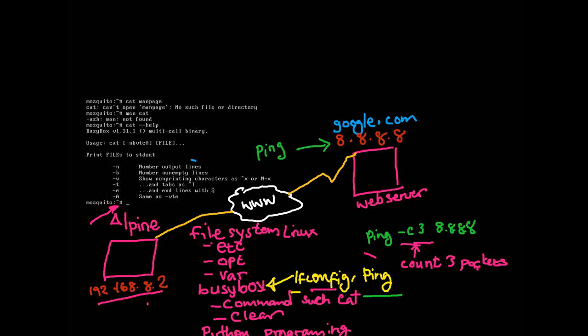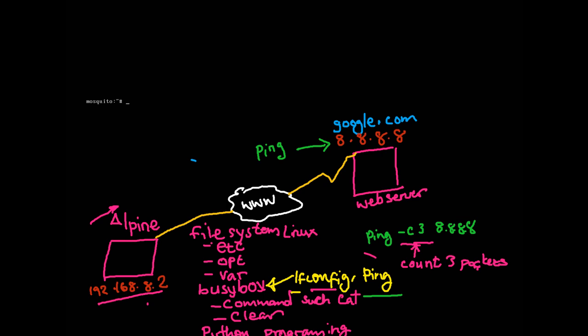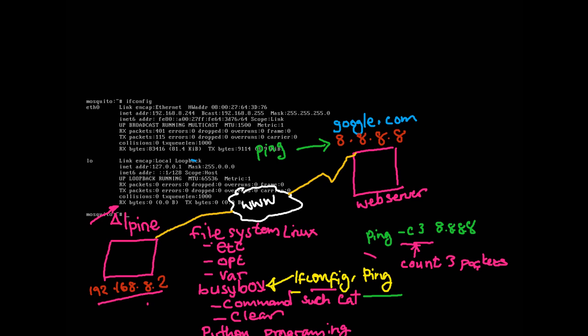The first one will be ifconfig. I will clear the screen first, then I'll say ifconfig. Then we see that the IP address we have got here is 244. So let's amend that, we just add 244.